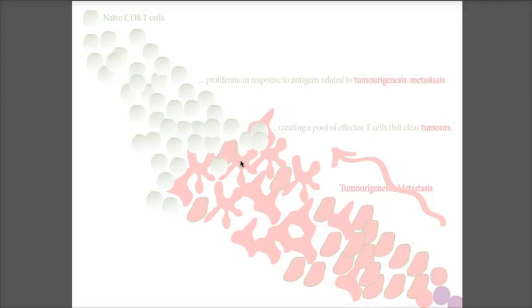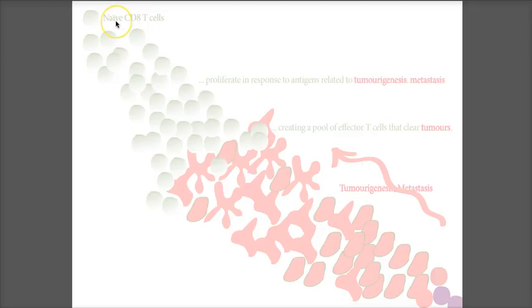The diagram also shows what we hope will happen for all of us in the presence of such events, which is the encounter of cancerous cells with what are described here as naive CD8 T cells. They're members of the immune system, the white cell system.